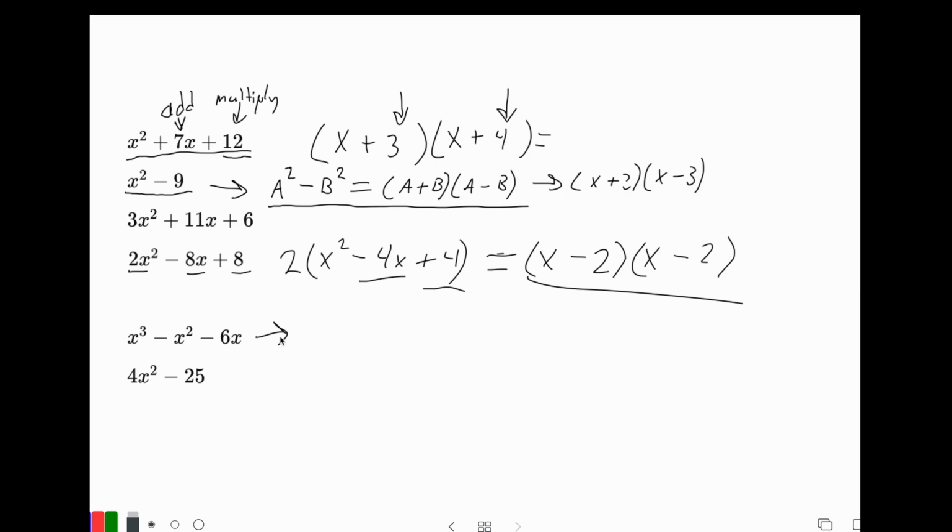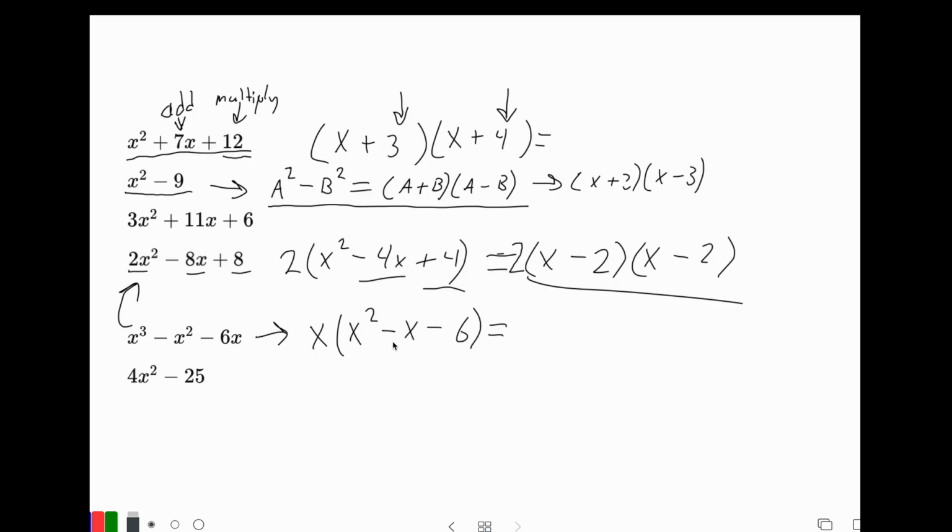Okay, so now for this one, it's going to be something very similar to this one right here, where we can factor out something at the very beginning. There's an x in all three of these terms that we can factor out. So it's going to be x times x squared minus x minus 6. This x just stays out front. Oh, and my bad, in this case I actually forgot this too. Sorry about that.